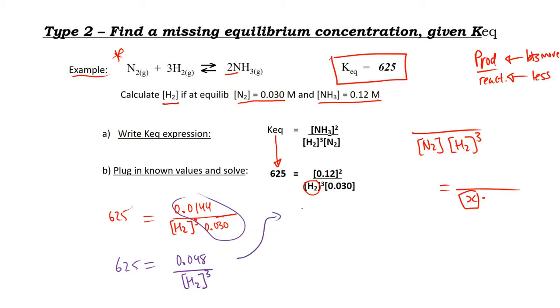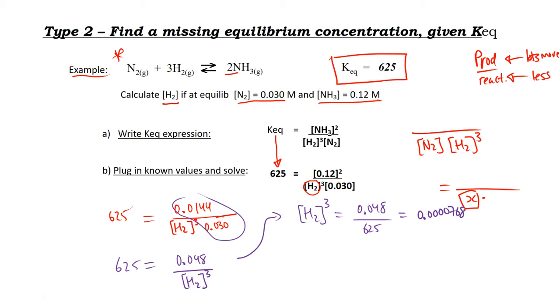You could rewrite this as, do some rearranging or cross multiplying. You could get this. So that 0.048 divided by 625, I get 0.0000768.